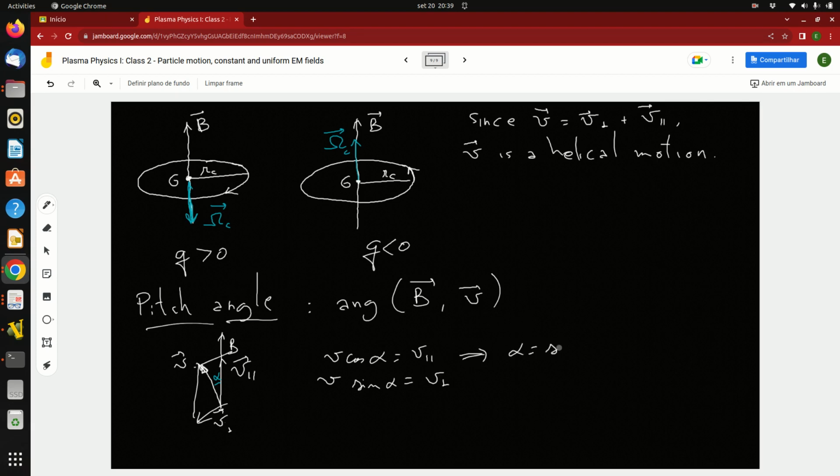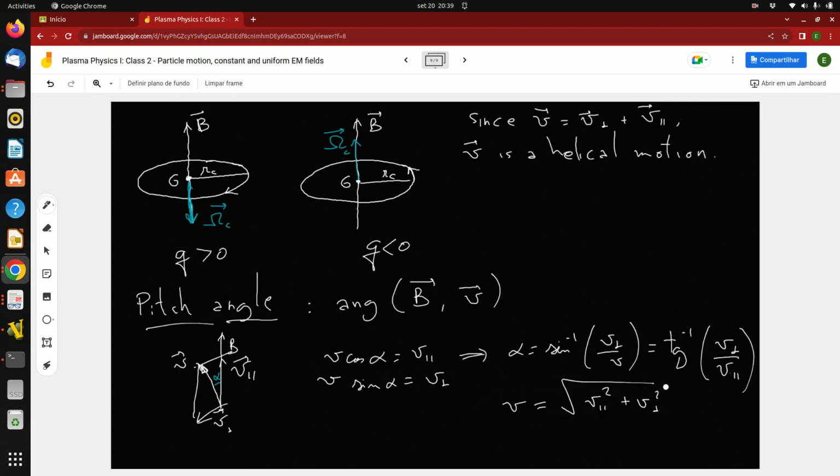It could be sine to the minus 1 of v_perp over v, or if you prefer you may write it as arctangent of v_perp over v_parallel. And if you square both sides and sum, you get v squared equal to v_perp squared plus v_parallel squared.